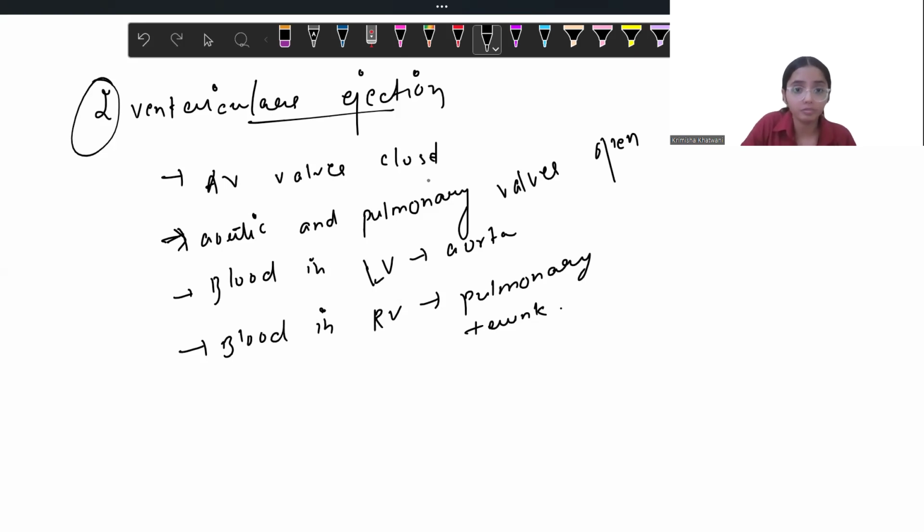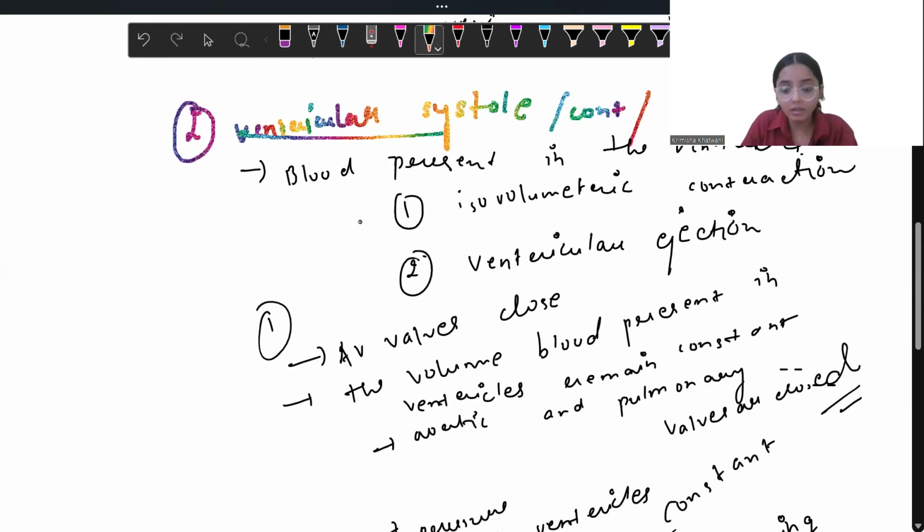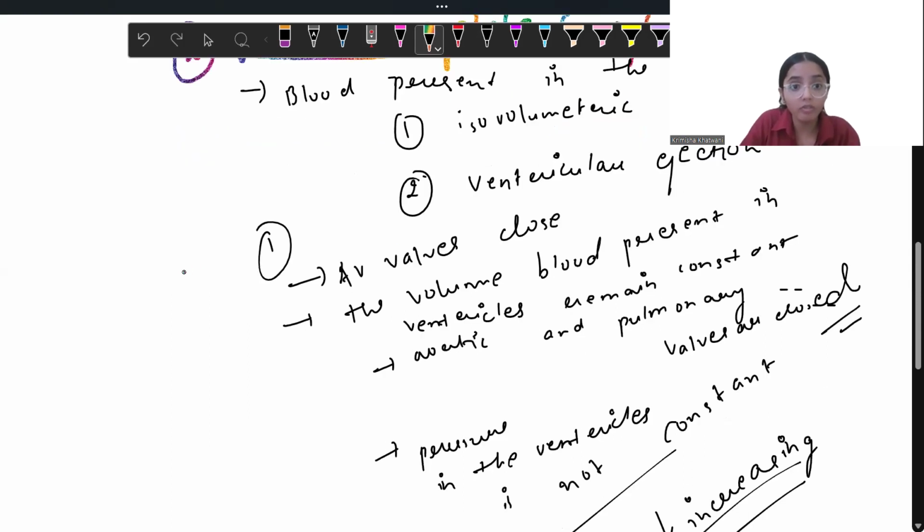And I want to tell you one thing here, very important. At the end of atrial systole and at the starting of isovolumetric contraction, there is one very important thing occurring, which is closure of AV valves.